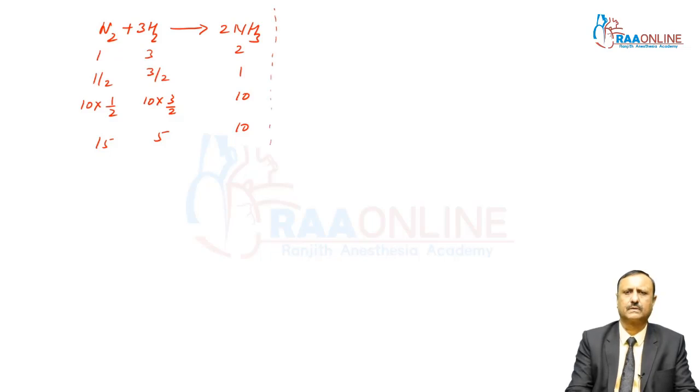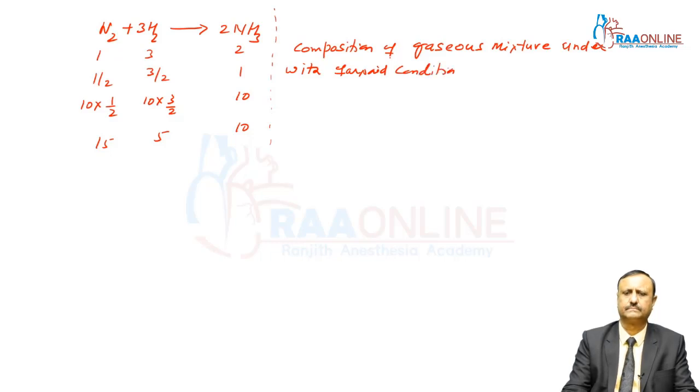Now, my dear friends, the composition of the gaseous mixture under the given conditions in the end will be: hydrogen, 30 minus 15.